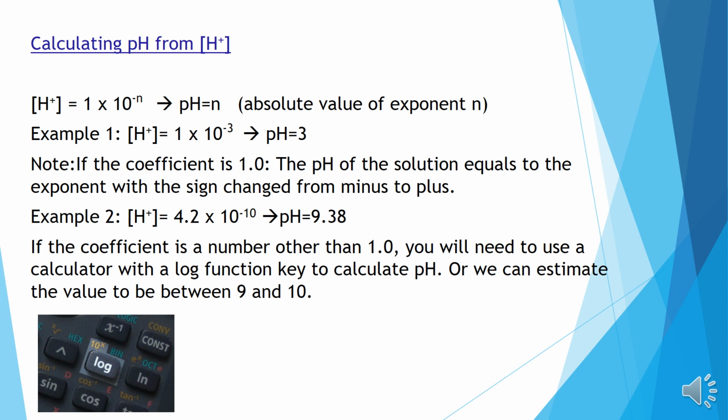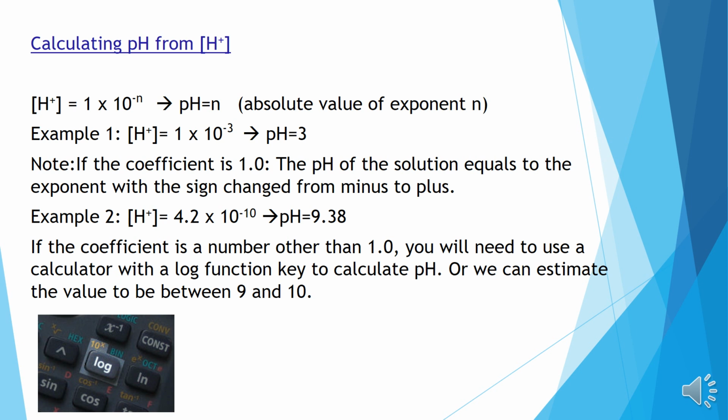Now, in example 2, the concentration of H plus equals 4.2 times 10 to the power minus 10. Here, the coefficient is not a whole number. We have a decimal, a coefficient other than 1.